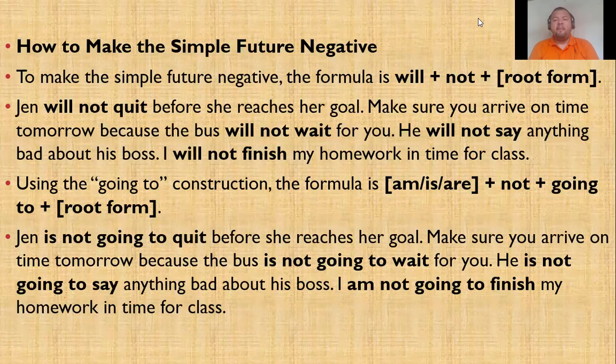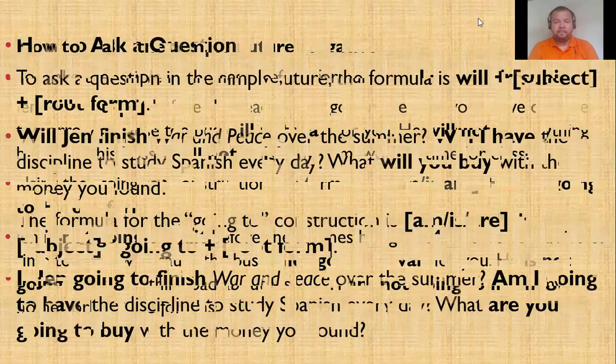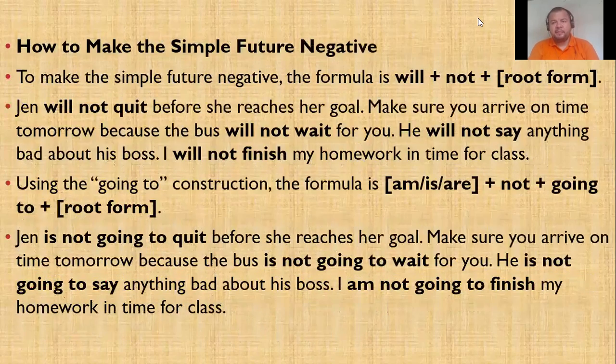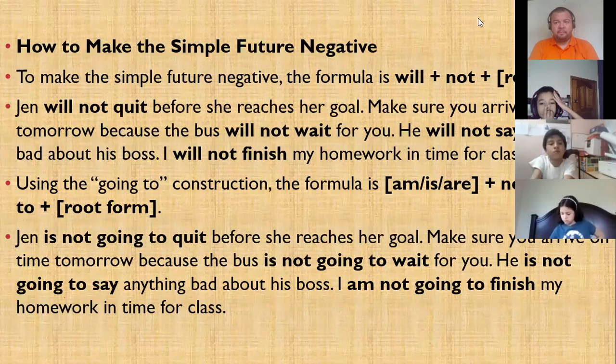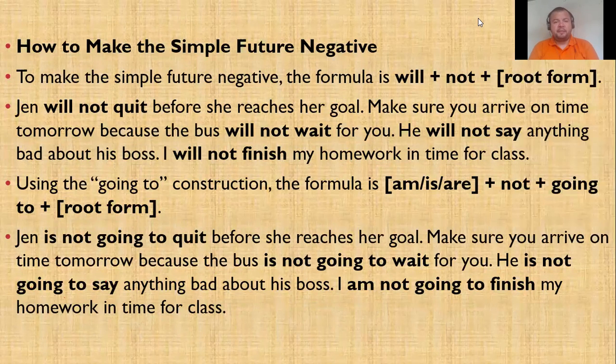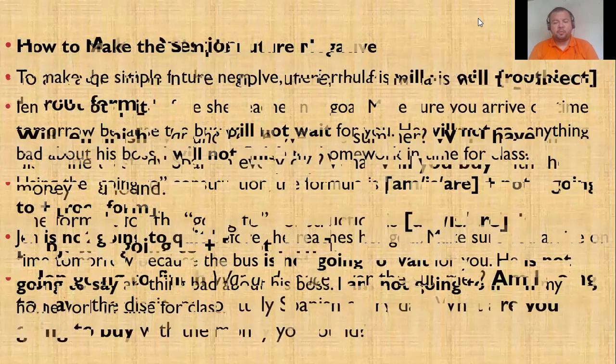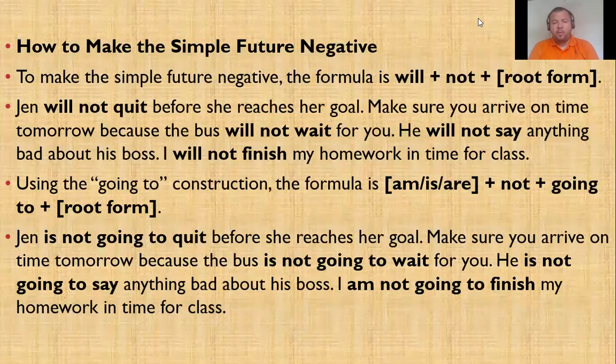Another one: make sure you arrive on time tomorrow because the bus will not wait for you. Let's continue. He will not say anything bad about his boss. Next one. I will not finish my homework in time for class.